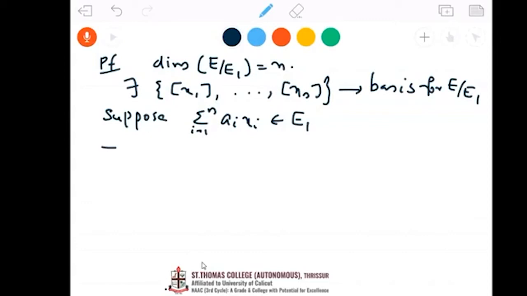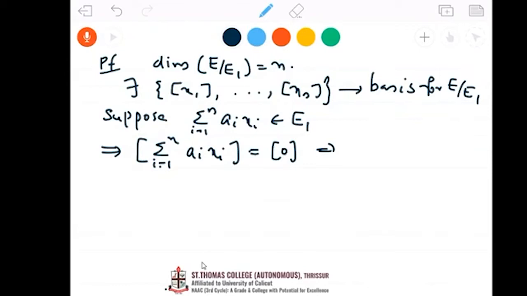So this means class of summation i equal to 1 to n aixi is equal to class of 0. And this implies, what is meant by class of x plus y? It is class x plus class y.